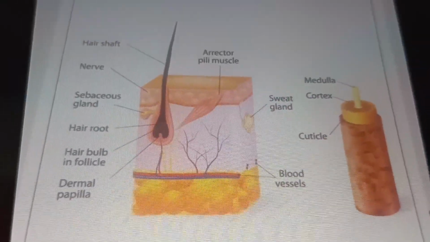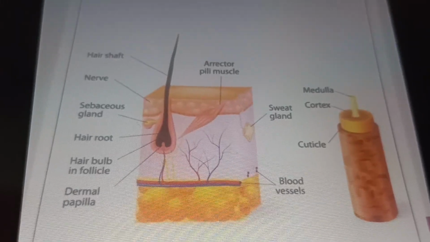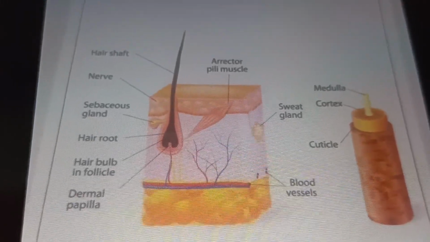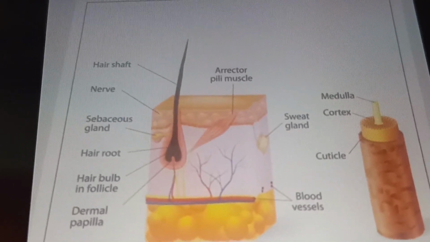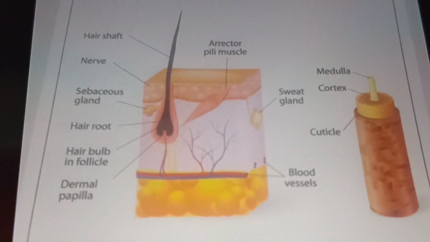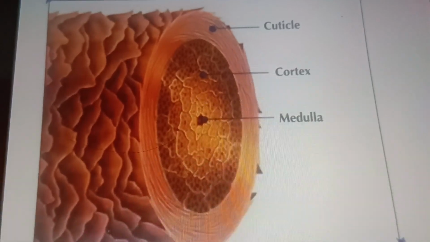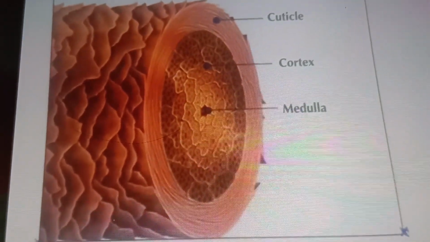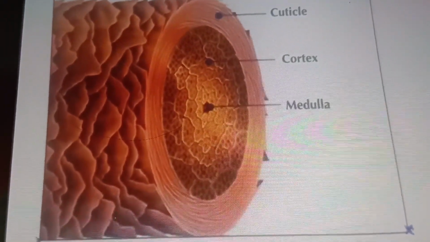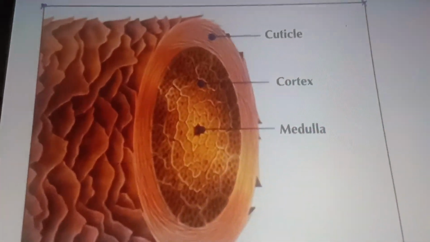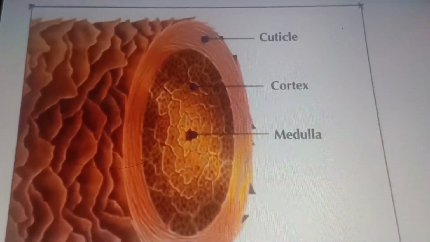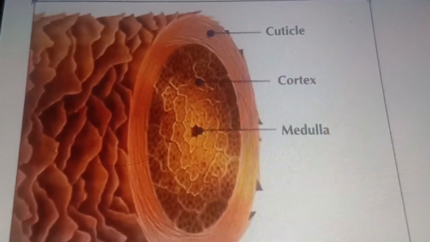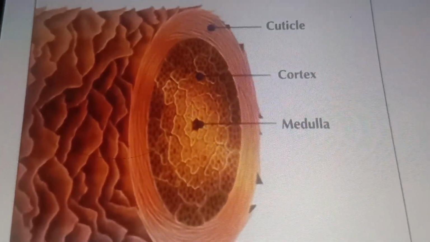Fully grown human hair is divided into two parts. First is the hair shaft and second is the hair root. The hair shaft is comprised of three layers. First is the cuticle, second is the cortex, and third is the medulla.